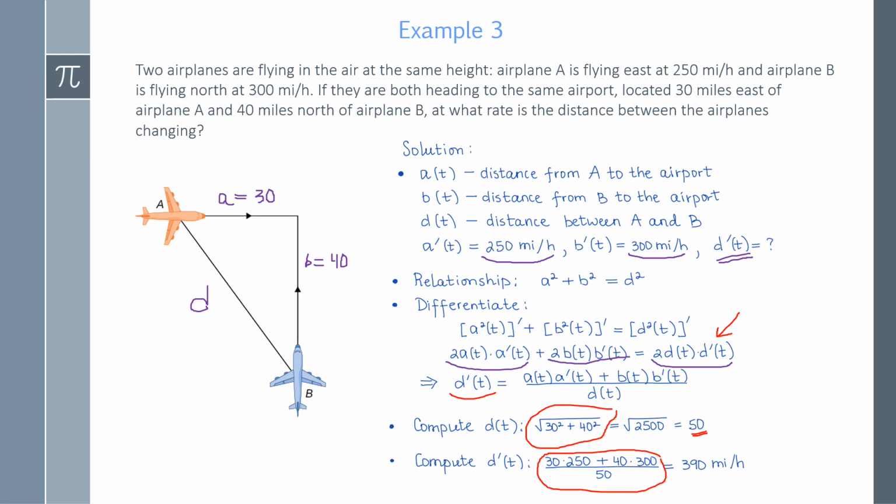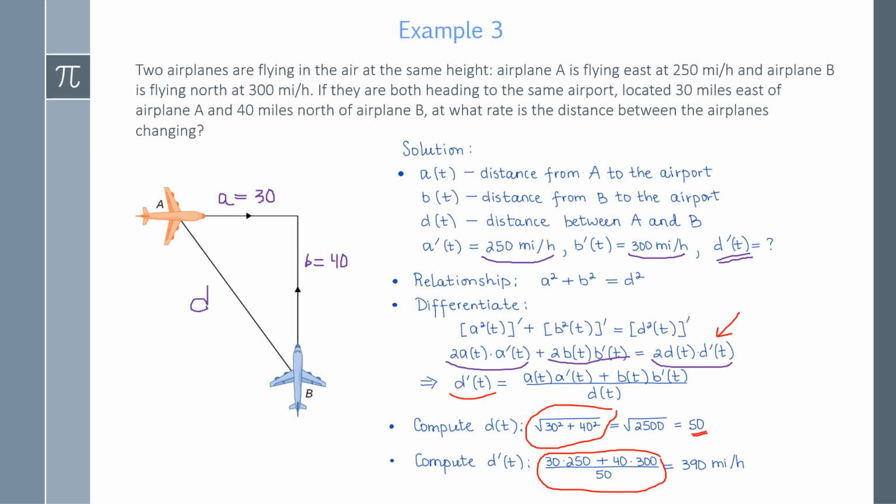Okay, now let me also mention that this rate of change should be negative, right? Because the distances between the planes and the airports, and also the distance between the two planes, are all decreasing.